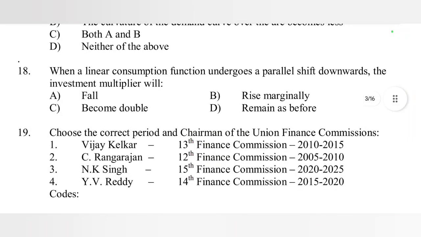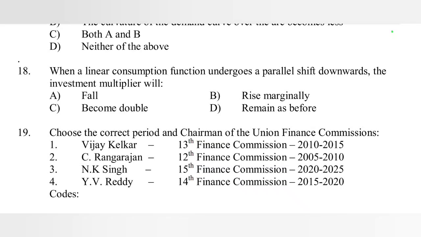Then question number 18, when a linear consumption function undergoes a parallel shift downward, then the investment multiplier will fall, rise, double or remain as before. A parallel shift downward in the consumption function means autonomous consumption decreases.